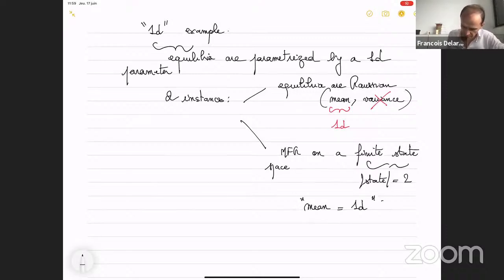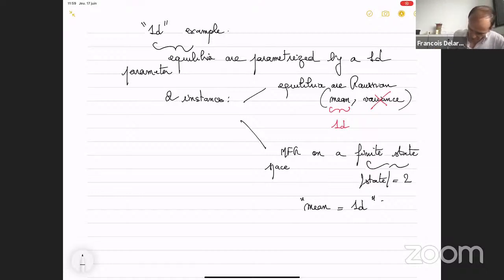Now, why do I say this? Because when equilibria are parameterized by this 1D parameter, you can benefit from the fact that on 1D there is a total order. And so you can more easily compare the dynamics, and this is certainly easier for selecting equilibria. So I can give you some references in this direction.